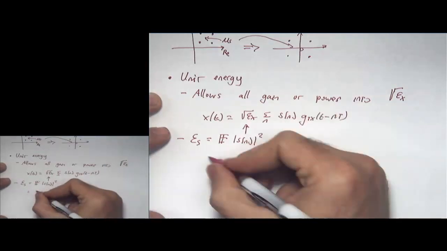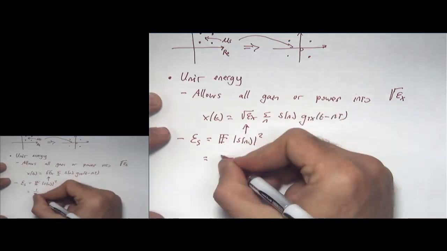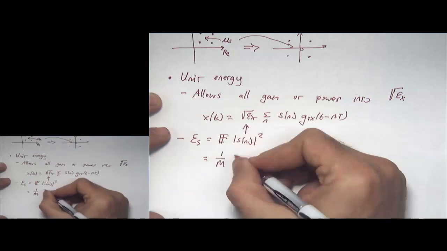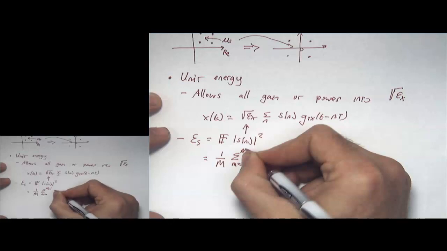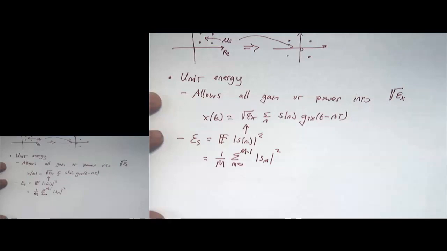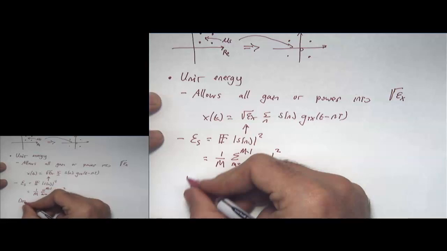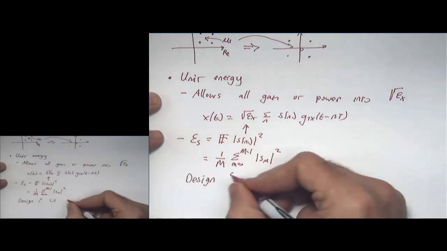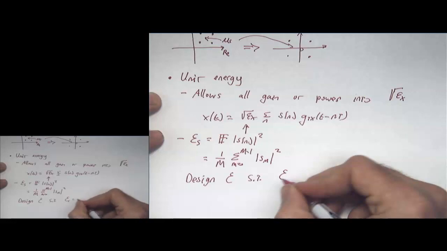And then because it's equally likely, we can rewrite that as 1 over M, that's the probability mass function, times the sum from 0 to M minus 1 of S of m magnitude squared. So that's the energy here. And then we want to design the constellation such that this energy is equal to 1.